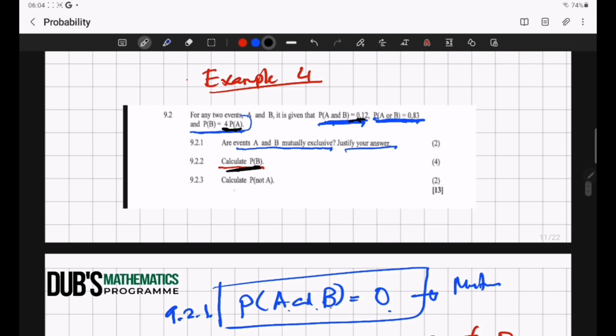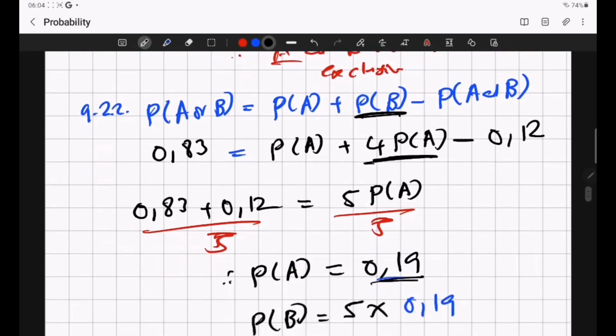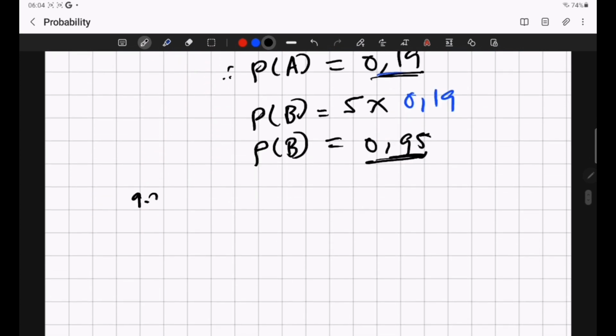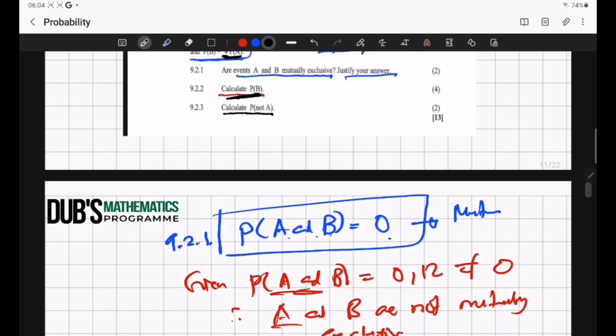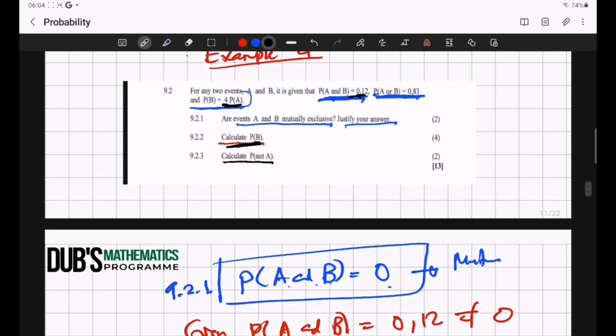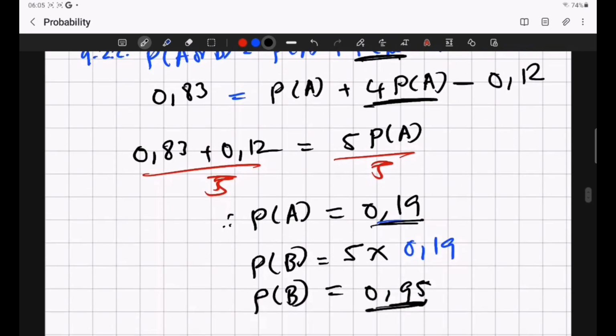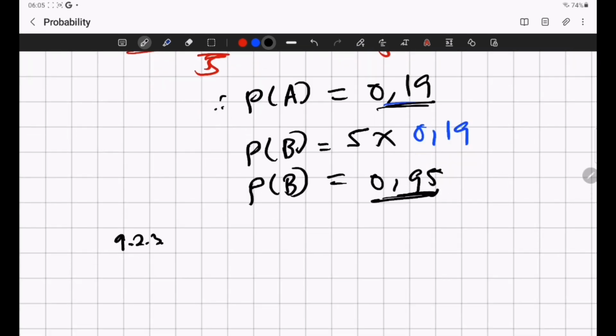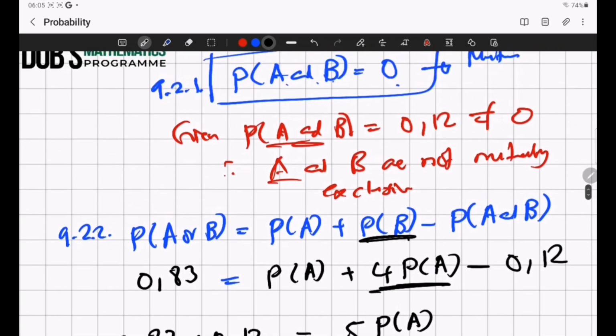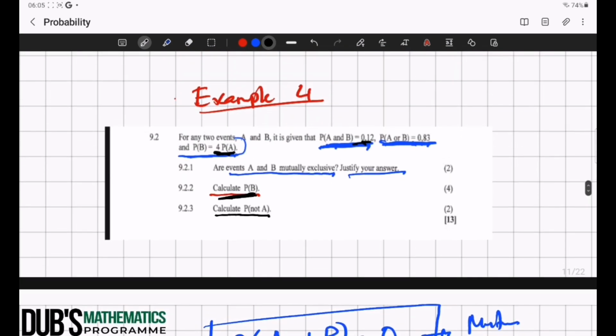Then 9.2.3, they say find probability of not A. You might need to make an assumption here that events A and B are complementary.